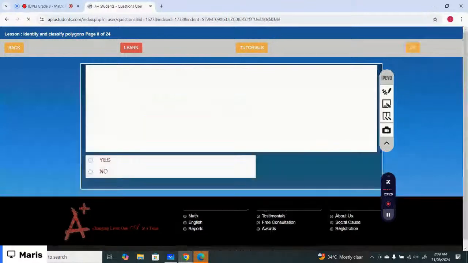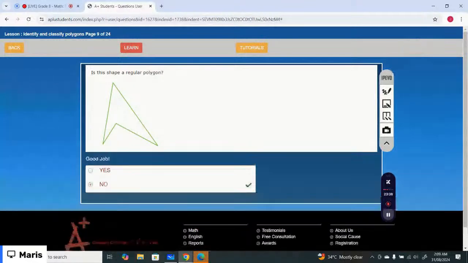Okay, the next one: is this shape a regular polygon? This is not a regular polygon, right? The correct option is no.